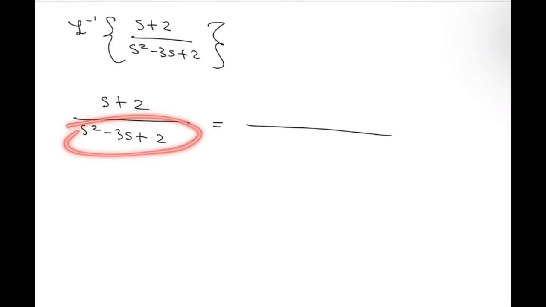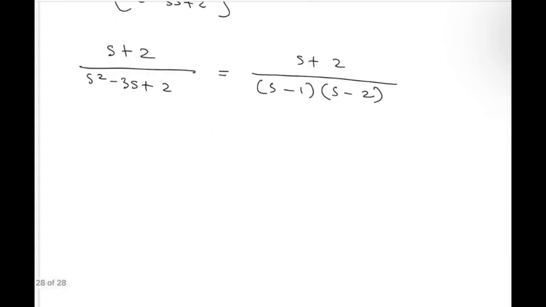We can factorize this one into s minus 1 times s minus 2. So if I expand, I will get the same thing as the left hand side. So here will be s plus 2.